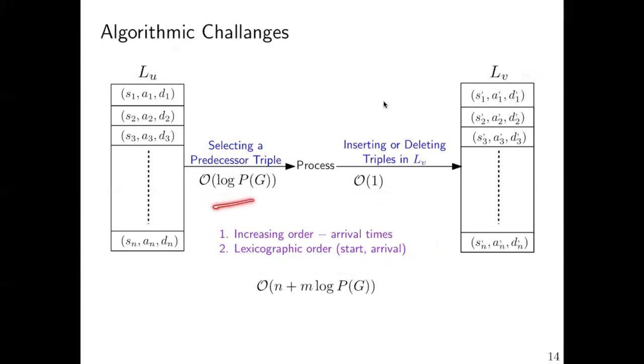Since we process these three steps on every edge, the total running time of our algorithm is bounded by n, which denotes the number of vertices, plus the total number of edges multiplied by log P_G, which is the critical factor for choosing a suitable predecessor triple. This is how the runtime analysis gets completed for our algorithm.